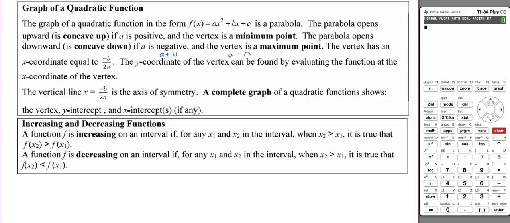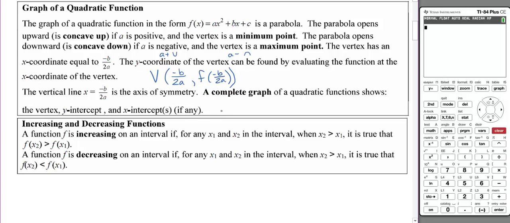The vertex has an x coordinate equal to negative b over 2a, which comes in pretty handy. The y coordinate can be found just by taking that x part of the vertex and putting it back into the function. In other words, the vertex formula is negative b over 2a, comma, taking that negative b over 2a and putting it back into the function to see what the output is at that x value.